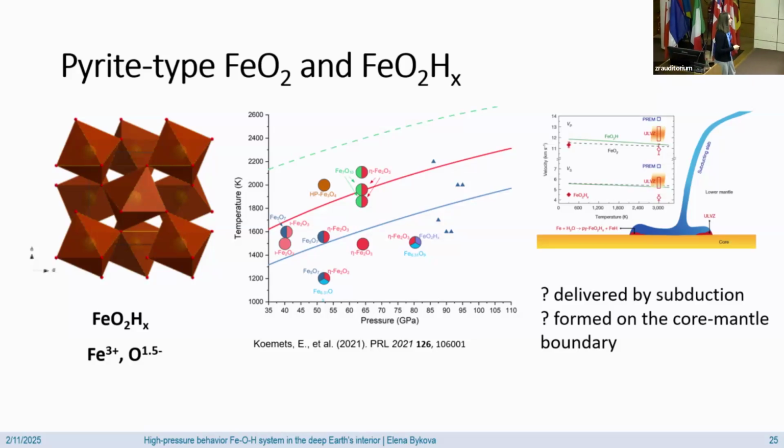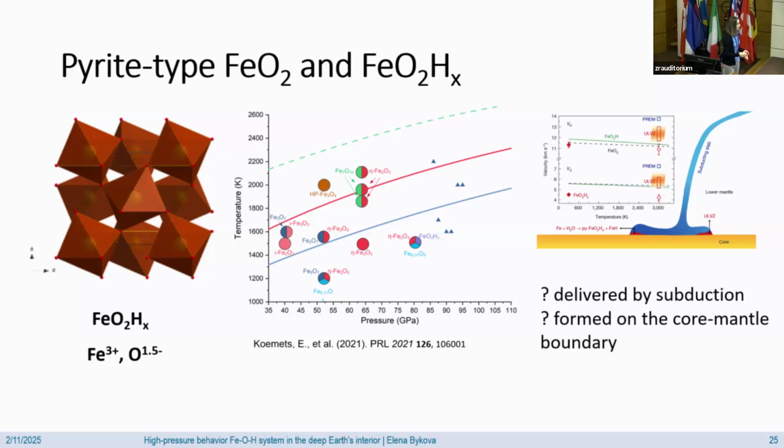This compound is FeO2H. You can synthesize it either by thermal decomposition of FeOOH at high pressures and temperatures, or by direct reaction of iron with water, which is just schematically shown here. Several studies show that you can perform this reaction at around 80 GPa and stabilize hydrous material at the deepest mantle conditions, meaning that it will be stable at these conditions and can be a possible water carrier.